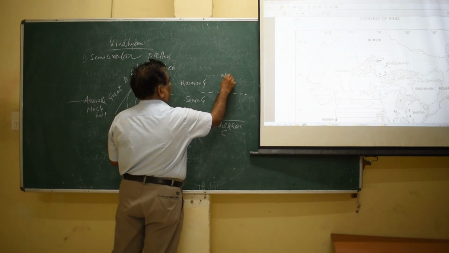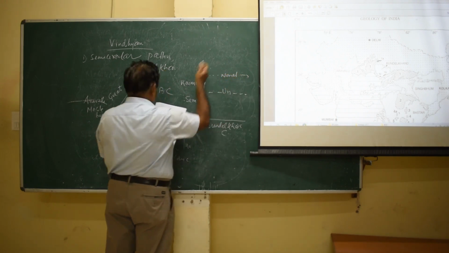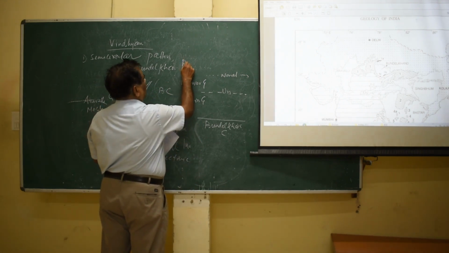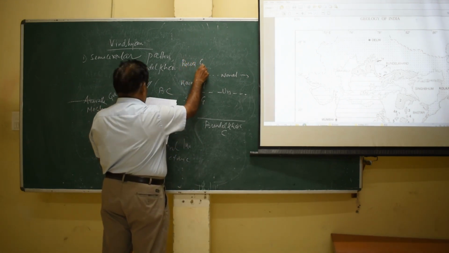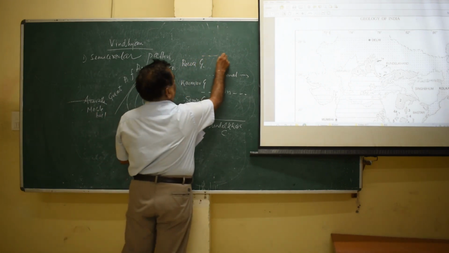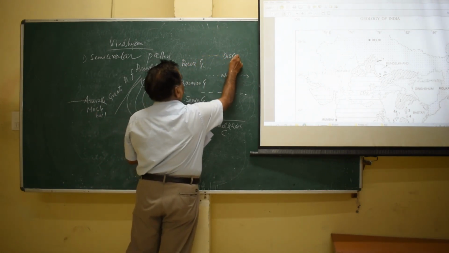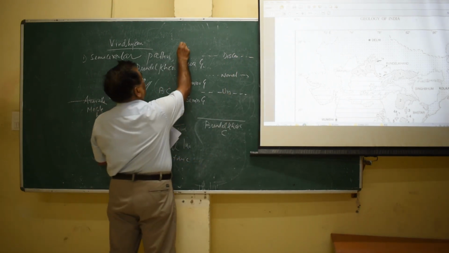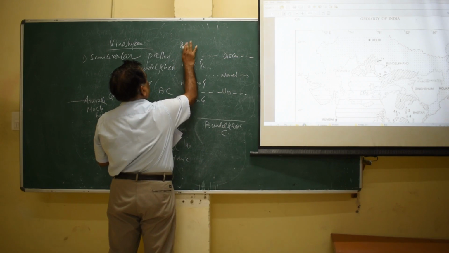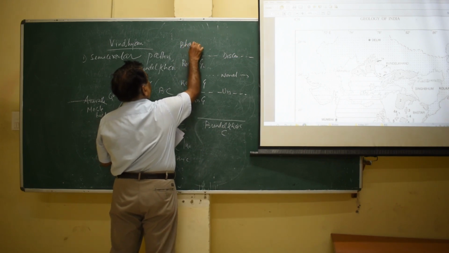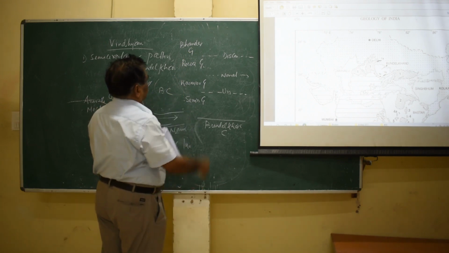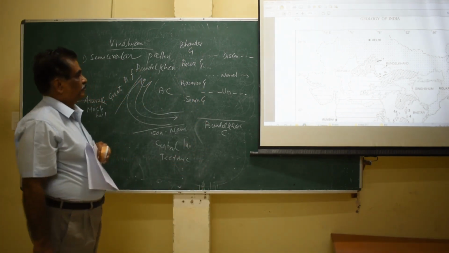Here is normal hill scale. This is successive sedimentation. Then Rewa group. Here is disconformity. Then you have Bhander group. So this is the succession of Vindhyas.